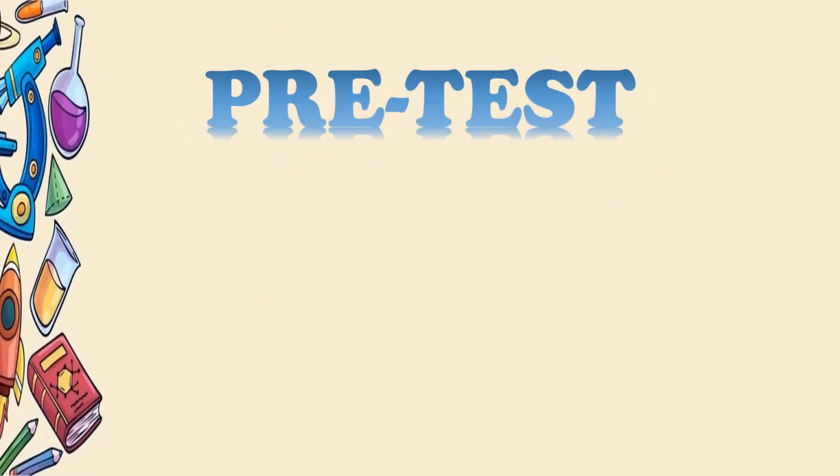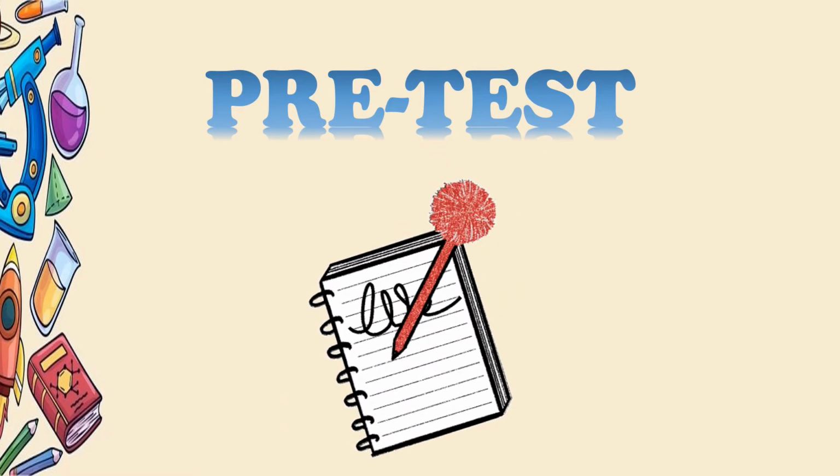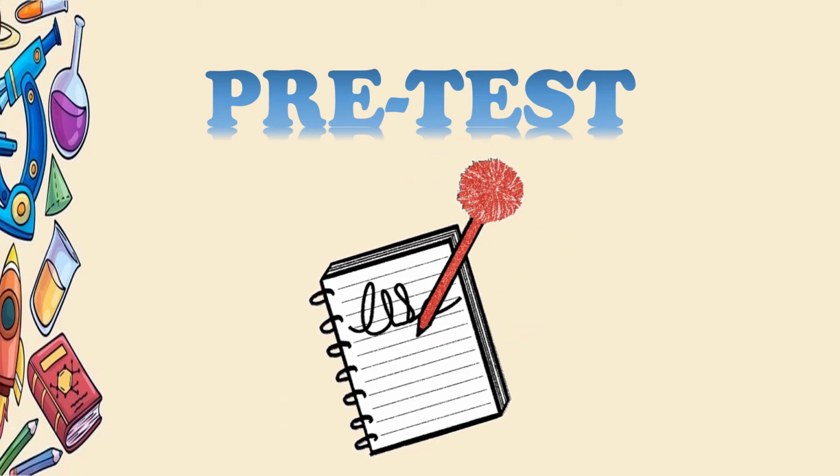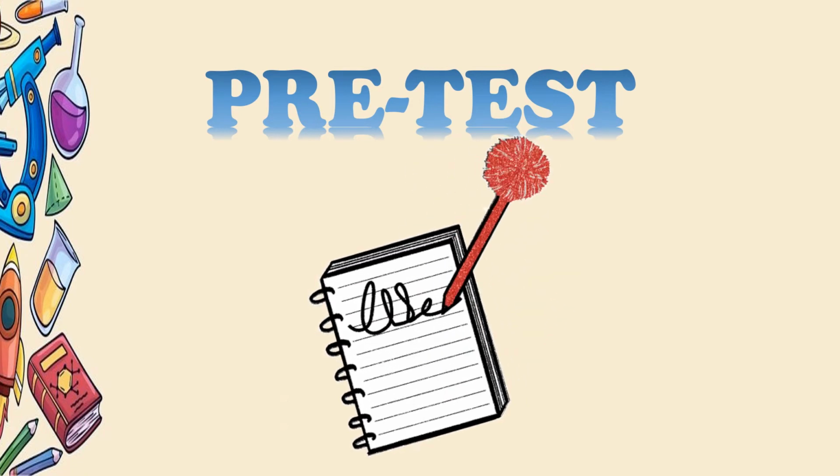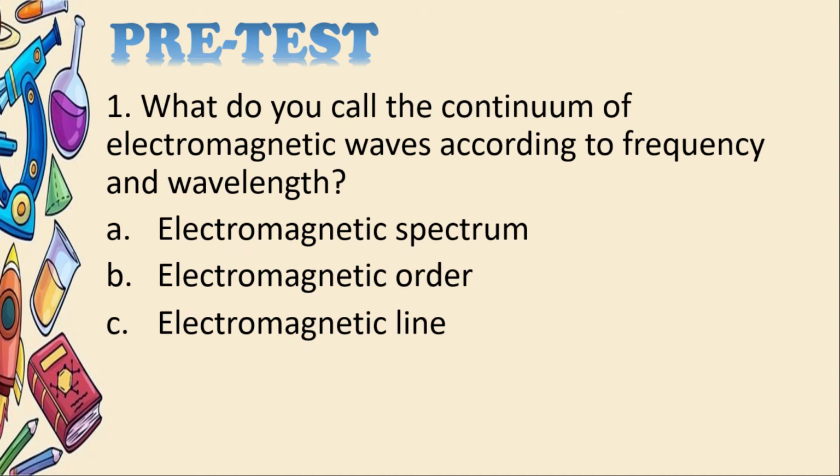Now, let's move on to your pretest. Please prepare your pen and paper for your answers. You will be answering 5 items and choose the best answer from the options. Are you ready? 1. What do you call the continuum of electromagnetic waves according to frequency and wavelength?